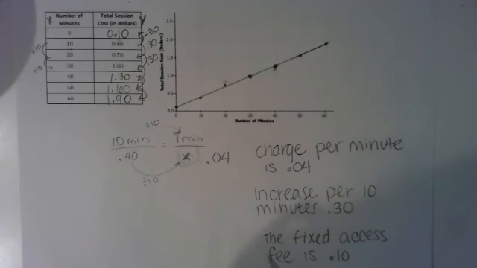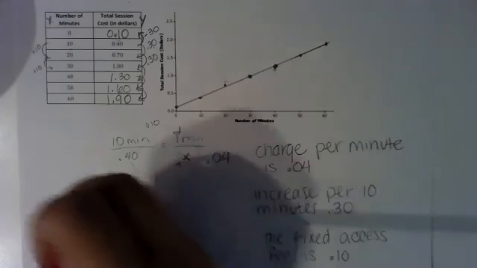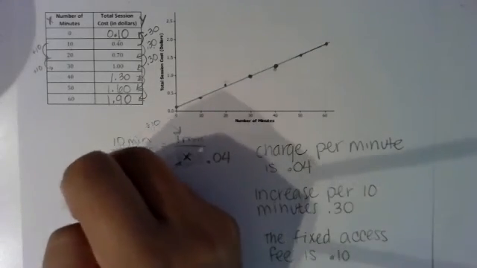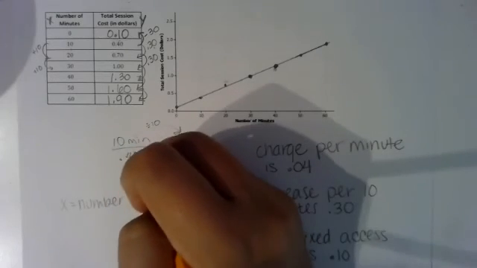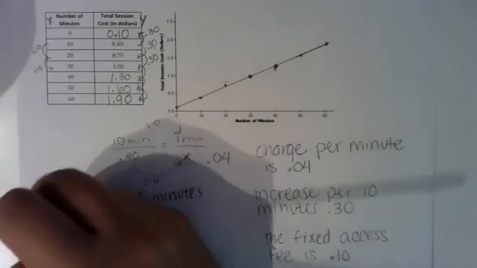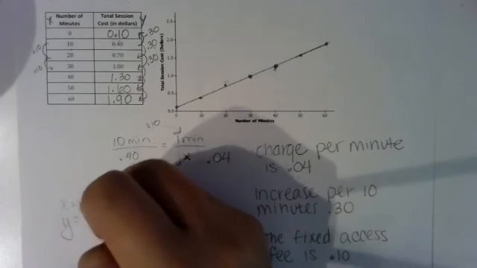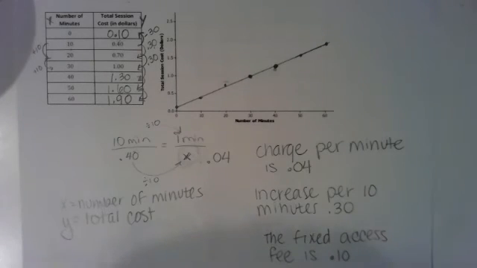Okay, so now using X for the number of minutes and Y for the total cost in dollars, we've got to write that down because that's important. X equals number of minutes, Y equals total cost. Write a function to model the linear relationship between minutes of use and total cost.